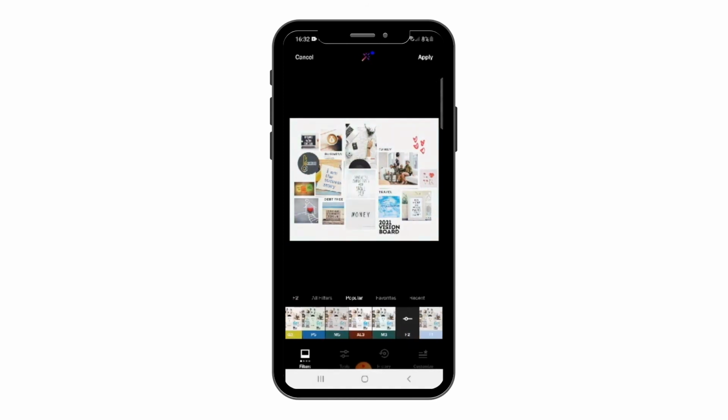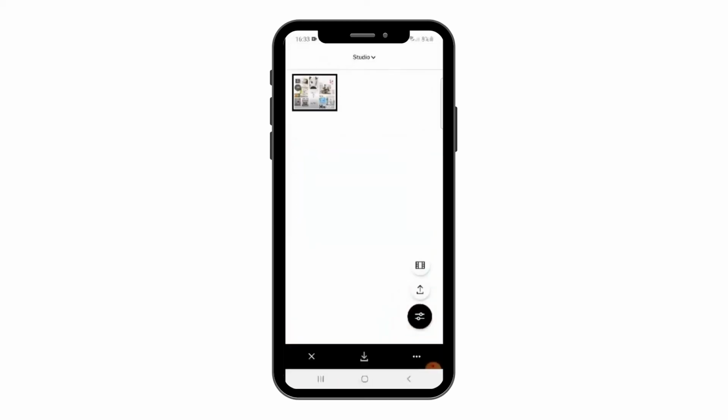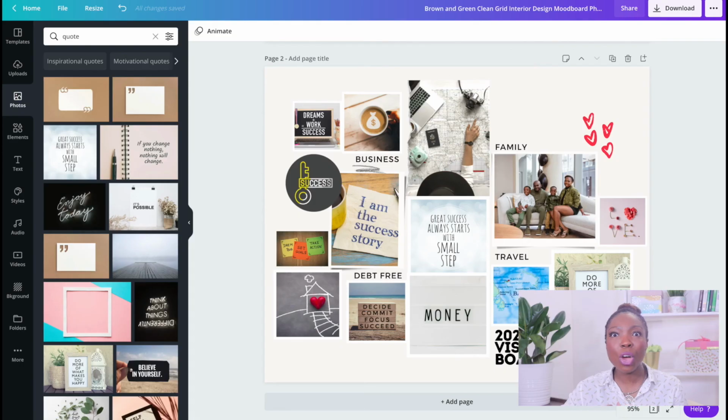I really like my images to look a certain way, to look uniform. I don't want it to look disjointed because that can be a little bit messy on the brain. By using a filter, they all come together collectively. Once I have found a filter, I simply save it on my phone as the home screen so that when I turn my phone off or on, the first thing I see is my vision board. Do you see that?